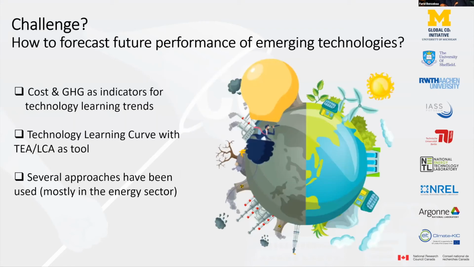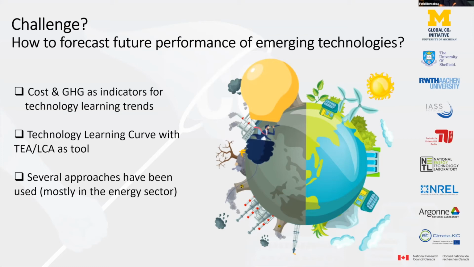What is really the challenge? The GCI has developed guidelines in terms of technology for LCA and TEA. One of the guidelines is how to forecast the performance of emerging technologies when there are a lot of unanswered questions, when you don't even have the complete system already deployed.